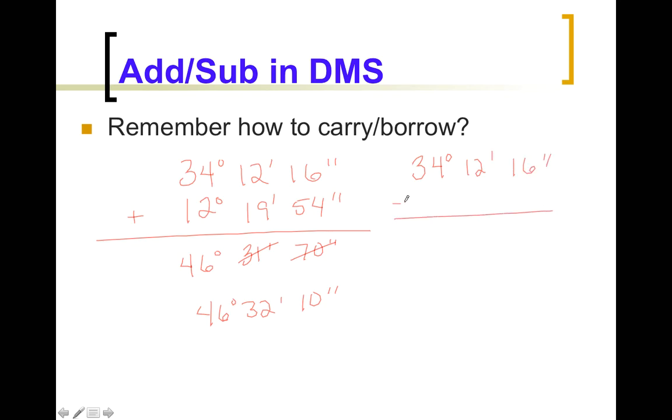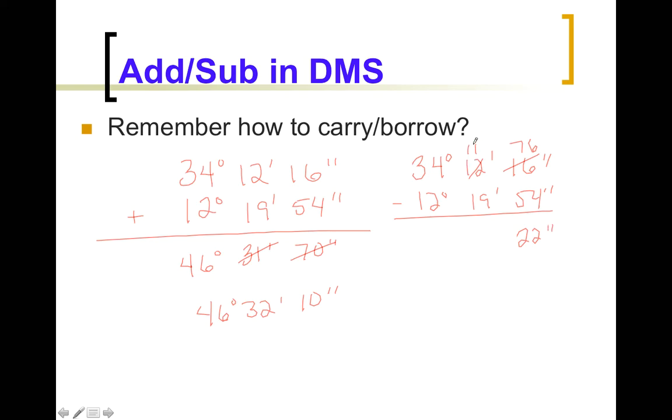And I want to subtract 12 degrees, 19 minutes, and 54 seconds. So if I wanted to subtract, well, I can't do 16 minus 54, so I need to borrow a group from the minutes. Well, by borrowing 1 minute, I've actually borrowed 60 seconds, so this becomes 76. 76 minus 54 is 22.